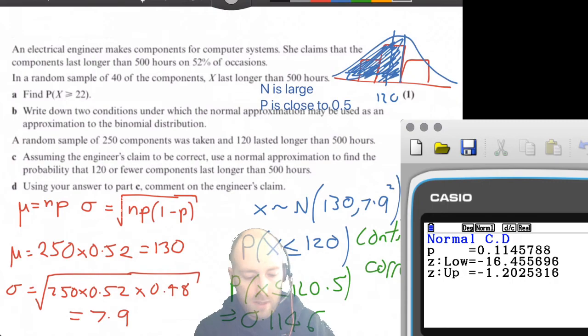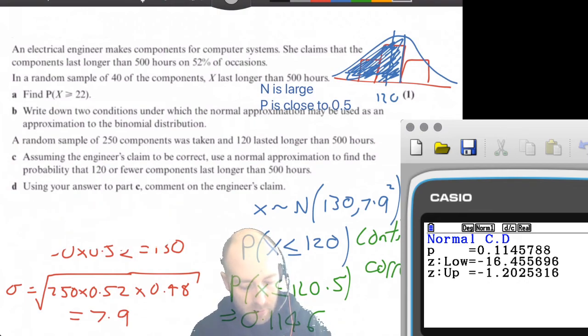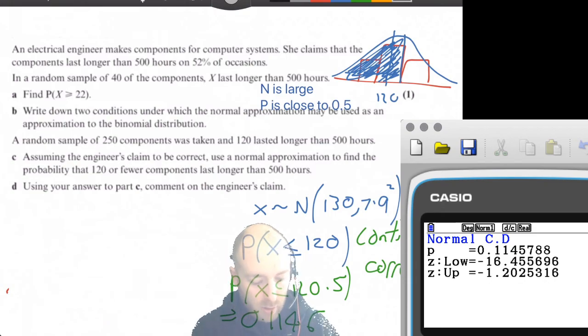What did they say? They said they lasted longer than 500 hours. Okay, well, hang on. Let's get rid of all this. Sorry guys, I know this is a bit over time, but real quickly. So assuming they're correct, they took a sample of 250 components and 120 of them lasted longer.